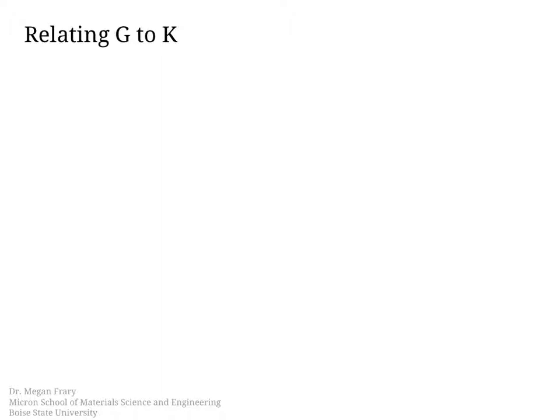If we start with the equation that we derived for G before, we can rearrange to get the following. Then we take the square root of both sides, and we can notice that what we have over here on the right side is equal to K1.